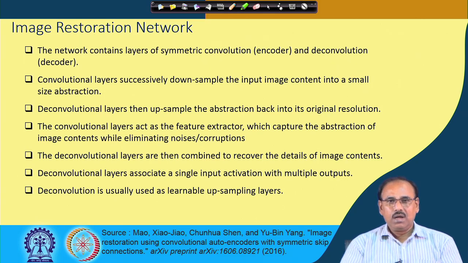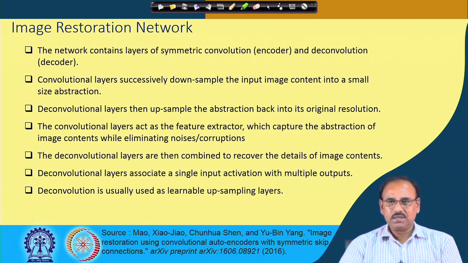So, you find that when you perform the convolution operation, along with the removal of the noise, the convolution operator will also remove certain features or the detailed information which is present in the image.